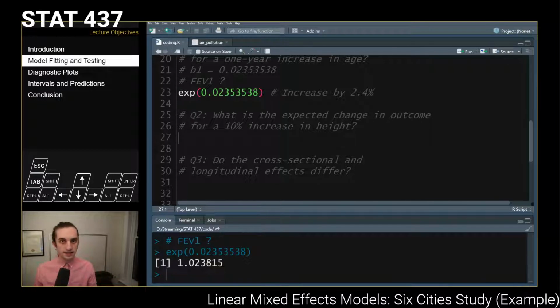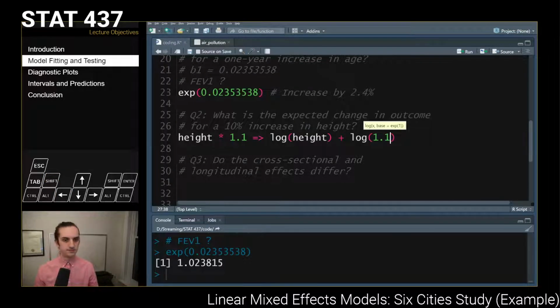So if someone grows 10%, what is the impact on this FEV1? Well, if their height increases by 10%, it multiplies by 1.1. Then the log height is going to be the same thing as the log height having added on the log of 1.1.